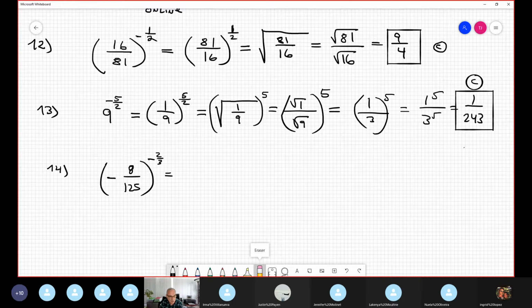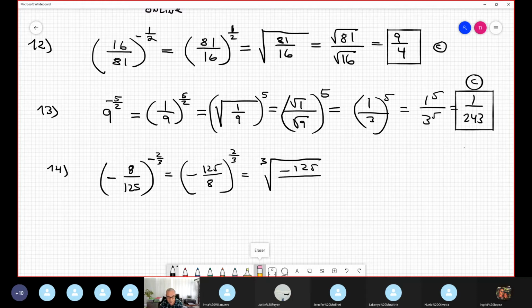Well, the first thing is eliminate the negative exponent. How? Well, flip it. 125 over 8 raised to the positive 2/3. Now conversion, fraction exponent to radical notation. It's a cubic root because the number in the denominator of the fraction is 3. Cubic root of minus 125 over 8, and everything raised to the second power.